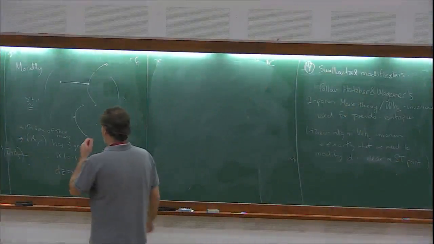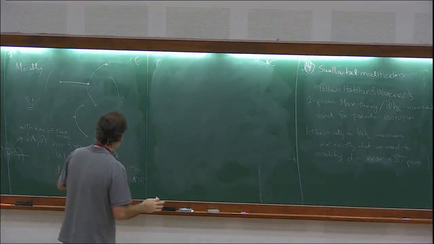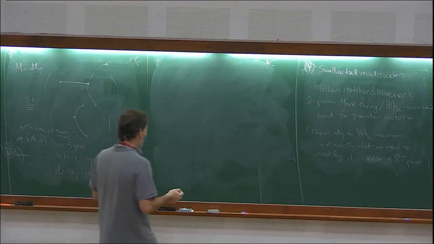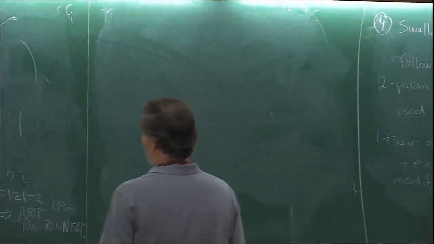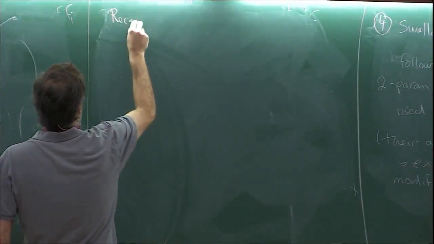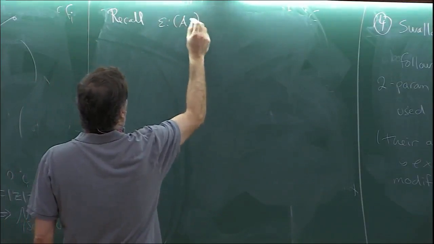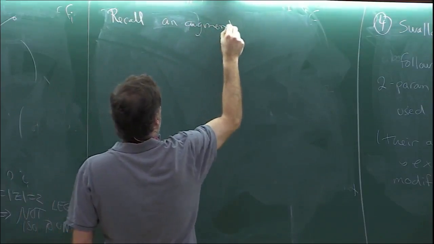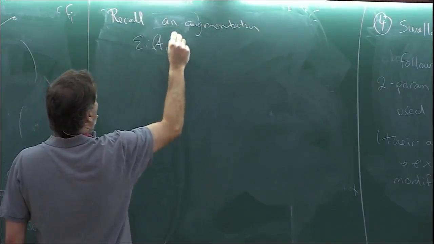So let me just, since it's not a totally satisfactory question to ask when two DGAs are isomorphic, an easier thing to answer is when are two things that come from the DGAs equivalent. And so maybe I should do this now. So recall that an augmentation epsilon is defined by a DGA morphism.